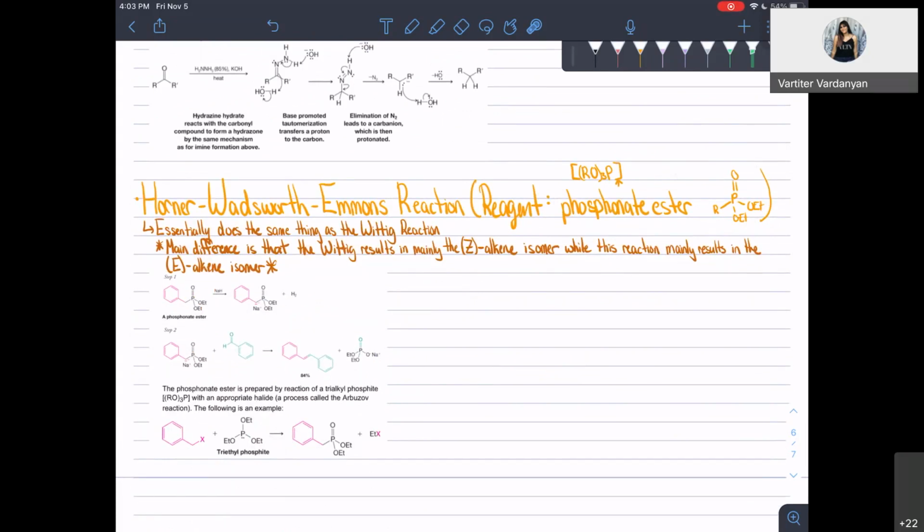Same thing. The only difference is the reagent that you're using, and that the Wittig results in a Z-alkene isomer, while the Horner-Wadsworth-Emmons reaction results in an E-alkene isomer.